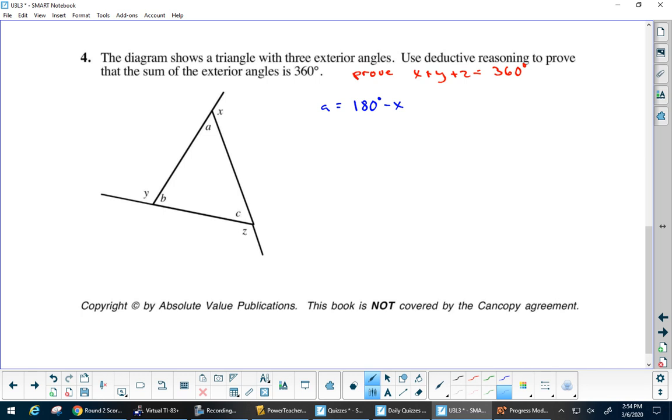So then we can say that B equals 180 degrees minus, or no, y in that case, sorry. Okay. And then C would equal 180 minus z, right?